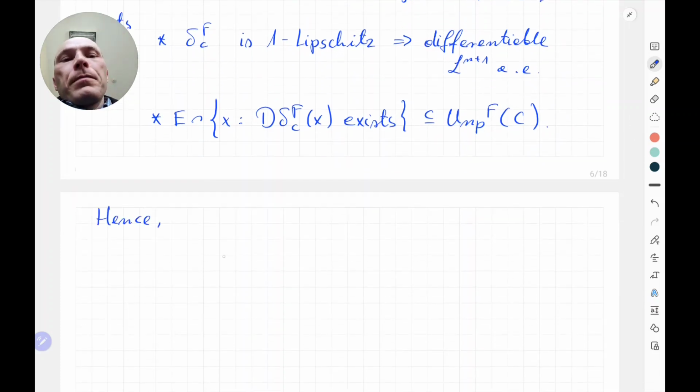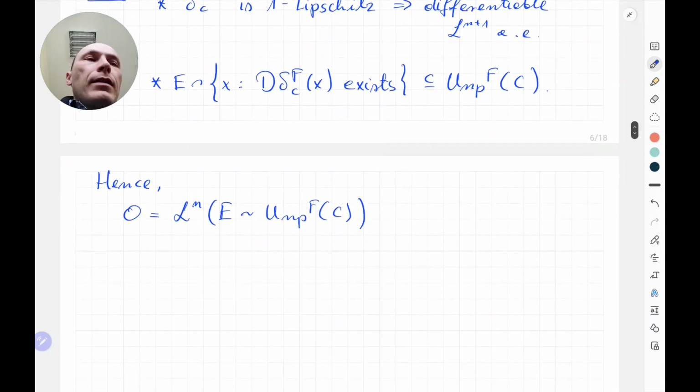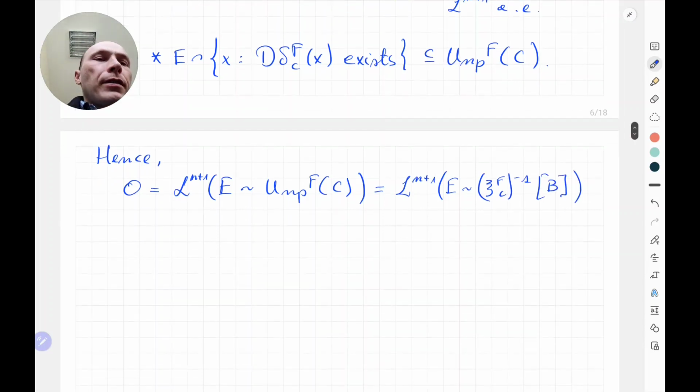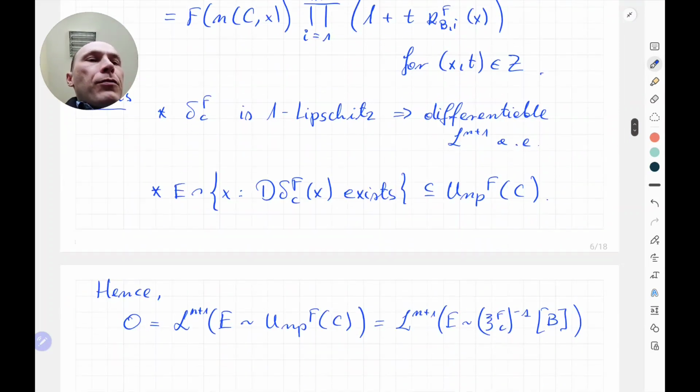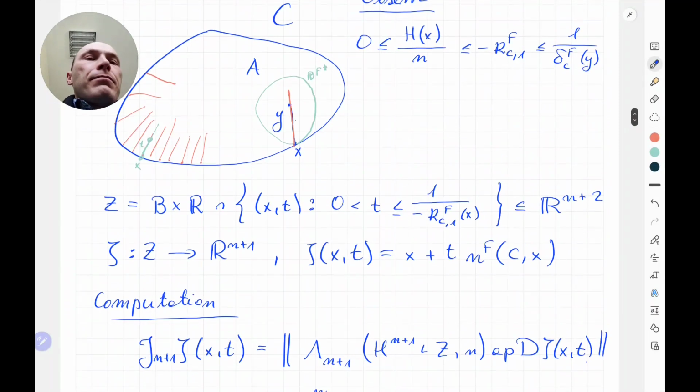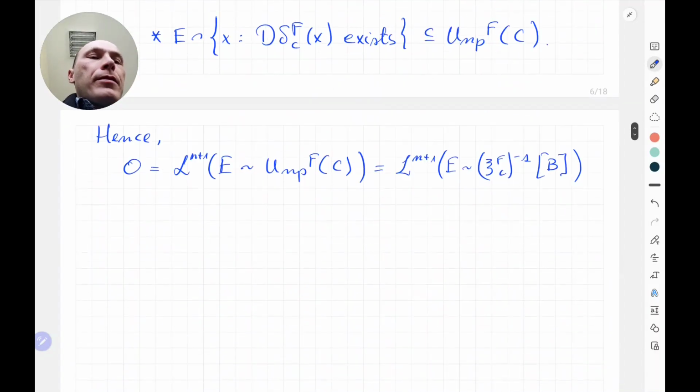So L^(n+1) of the complement of U and P is zero. We can put it this way: the pre-image of B with respect to psi is exactly the image of zeta, right? Well, it's just equal.